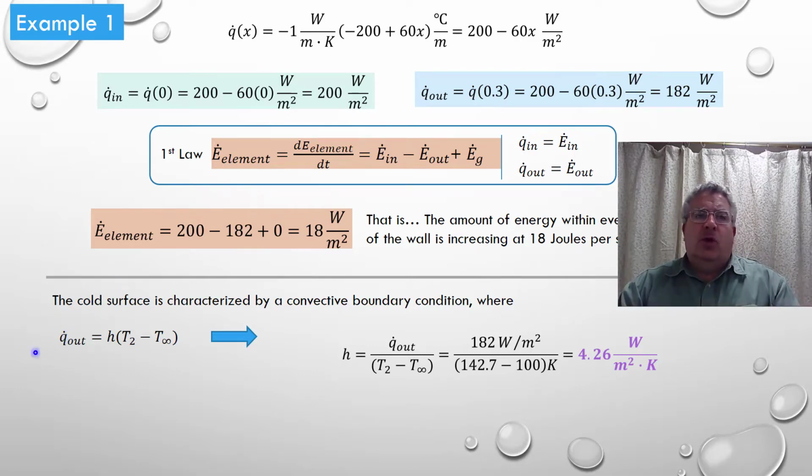So I can rearrange this, and the only unknown here is my heat convection coefficient. So I'll rearrange it, and I'll find out that for this situation, if it was happening at this instant in time, the heat transfer coefficient would have to be 4.26 watts per meter squared per Kelvin.